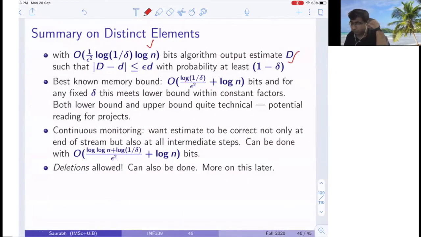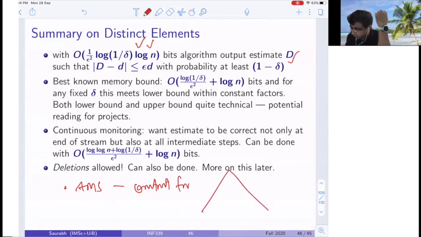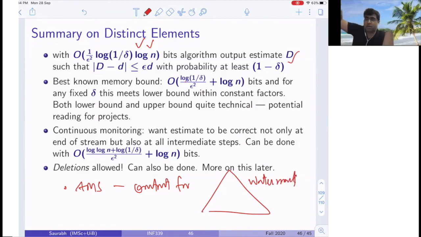Okay, so I gave you 3 algorithms. First one was this algorithm. Second one was the AMS algorithm, which was just a constant factor approximation, but it was a very nice idea. This is also called the watermark algorithm, like a watermark in the river: what is the highest mark you can reach.